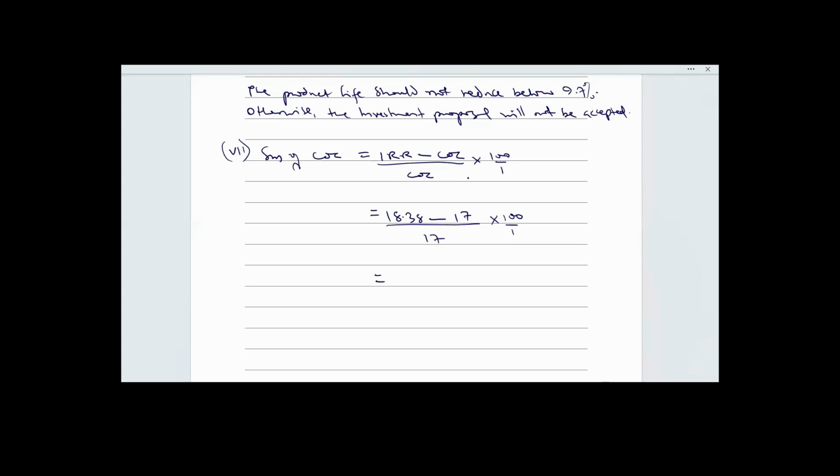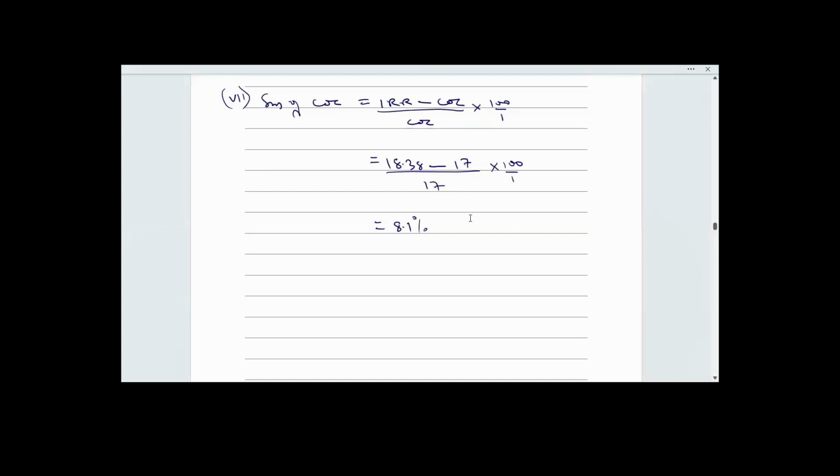So finally, 18.38 minus 17 equals, divided by 17 equals, multiplied by 100 equals 8.1%. Here is 8.1%. So which means that the cost of capital should not be allowed to increase beyond 8.1%.